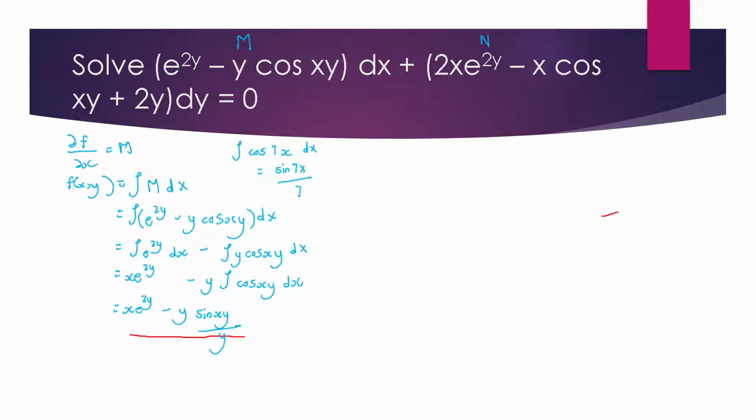Since y here is constant, I get sin(xy) divided by y. Plus the constant of integration with respect to x, which is a function of y. So you can simplify. You get x e^(2y) minus sin(xy) plus g(y). This is the first equation.